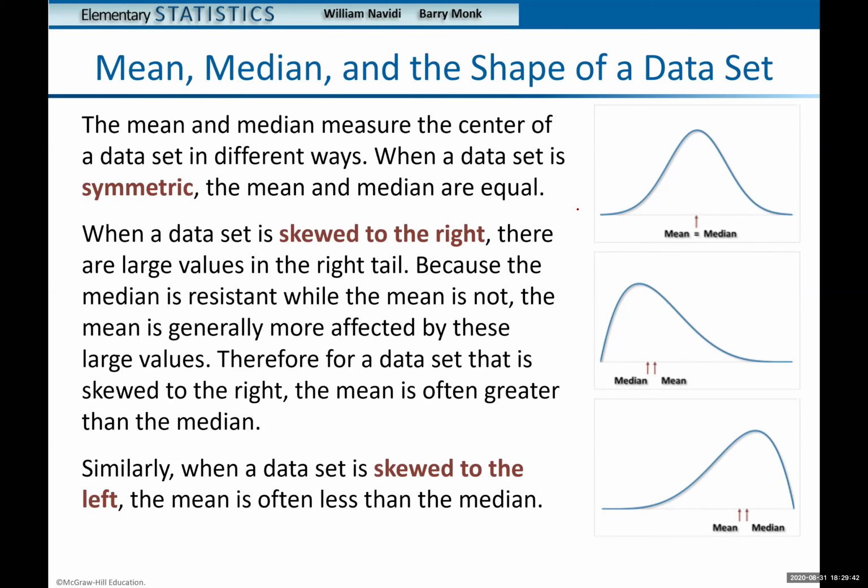So that is what you call symmetric. Skewed to the right if the mean is greater than the median, just like this, and skewed to the left if the mean is less than the median. So I want you to copy all 3: symmetric, skewed to the right, and skewed to the left.